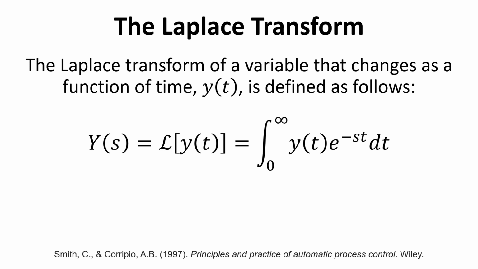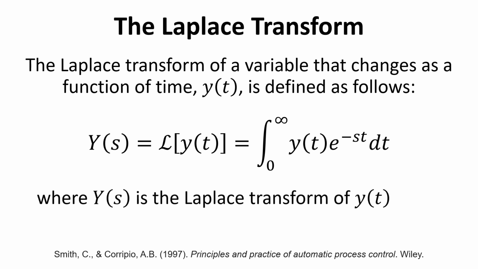This is what he came up with. For consistency in this video, we'll use a capital letter with the Laplace transform variable s, and the same lowercase letter to denote the function of time, as shown here.